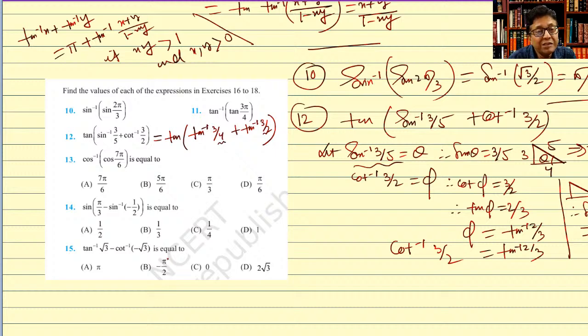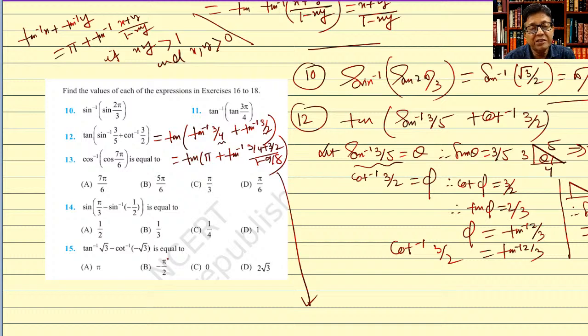So this addition is possible. You have to write pi plus tan inverse 3 by 4. Got it?